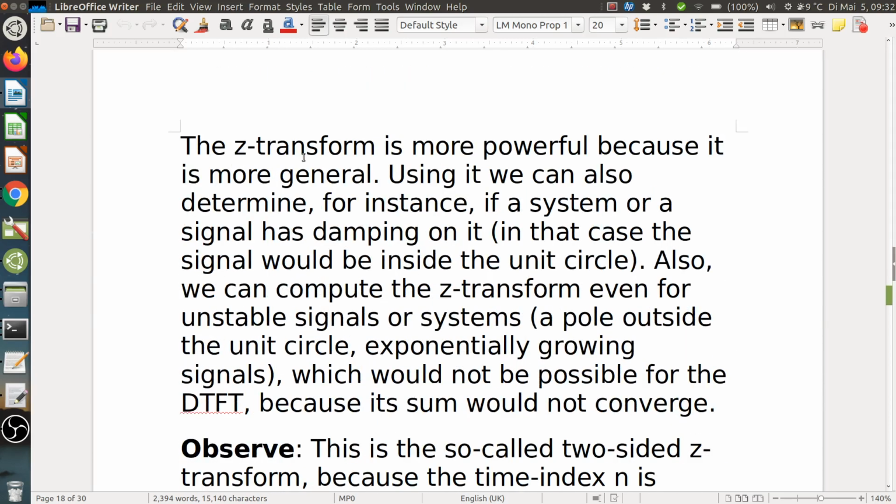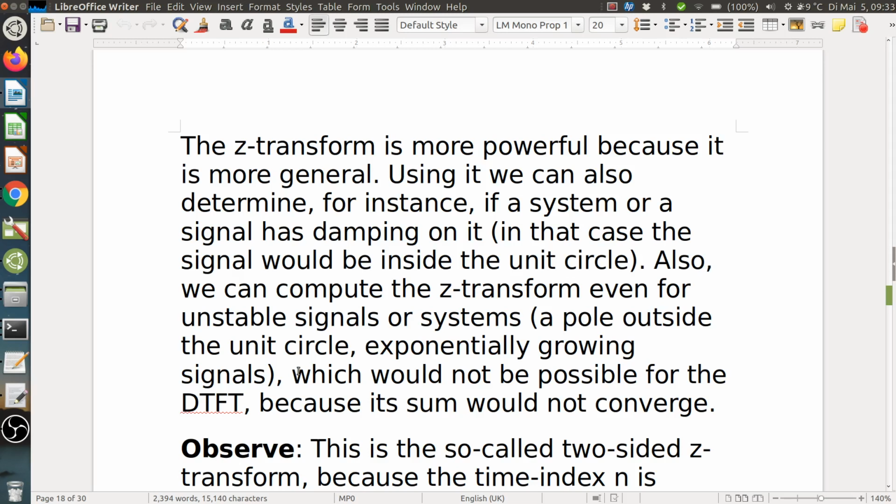So the z transform is more powerful because it is more general. Using it, we can also determine, for instance, if a system or a signal has a damping on it. In that case, the signal would be inside the unit circle, so it decays over time. Also, we can compute the z transform even for unstable signals or systems, where we have a pole outside the unit circle and exponentially growing signals, which would not be possible for the DTFT because its sum would not converge.